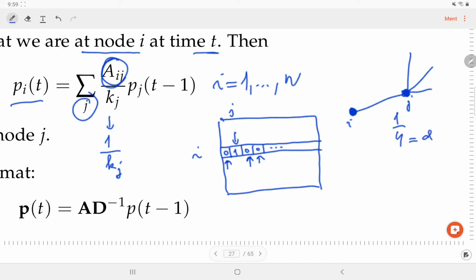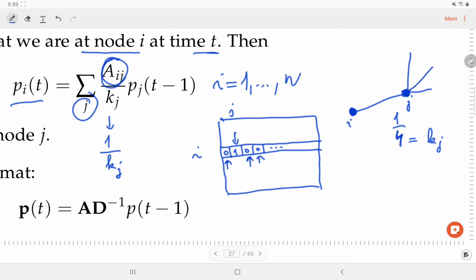I tend to write d because that's more natural, but apparently in this book it is denoted with k. So k sub j is the degree of node j, and then it's 4.